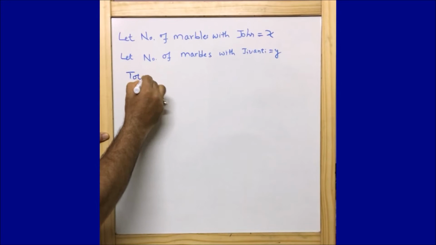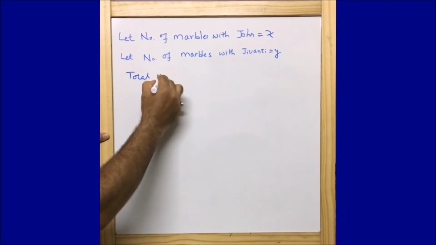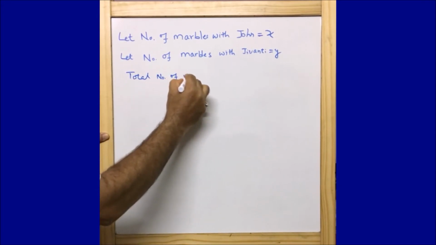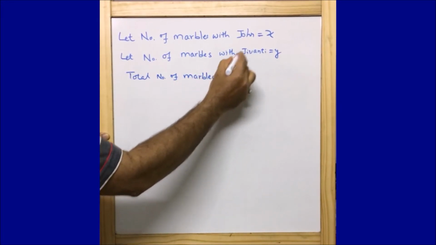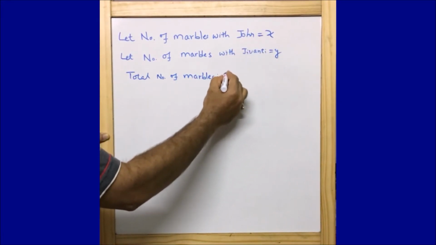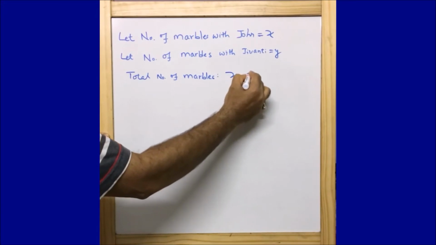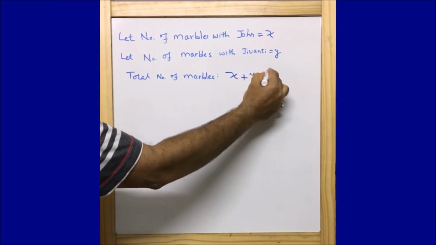Now, the total number of marbles as per the question is 45. So let us put that here. Total number of marbles is John's marbles plus Jivanti's marbles, that is X plus Y is equal to 45.